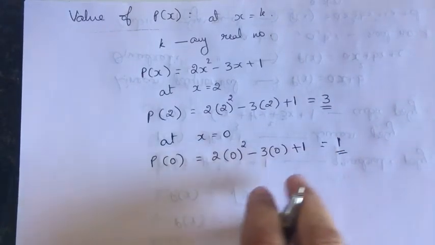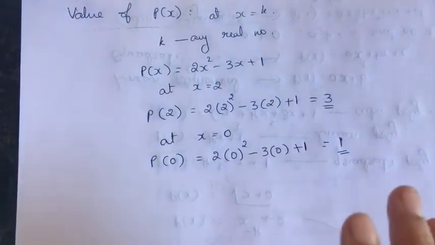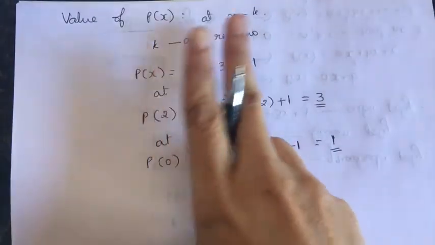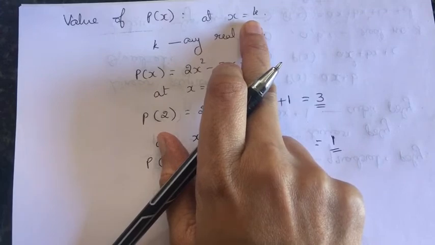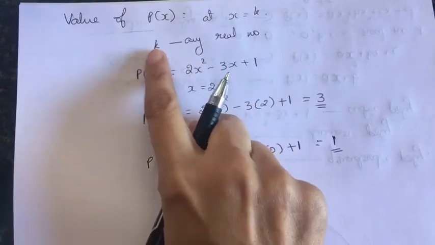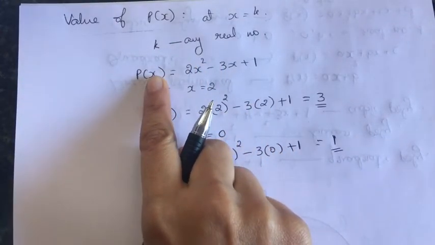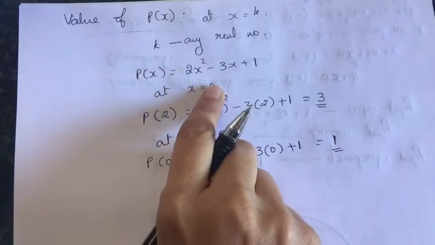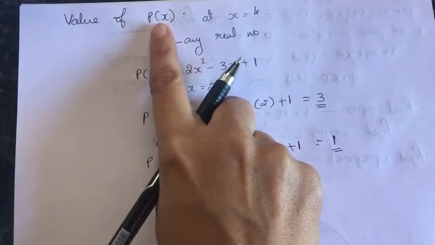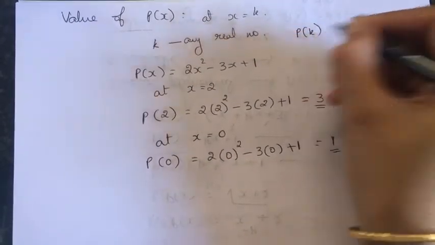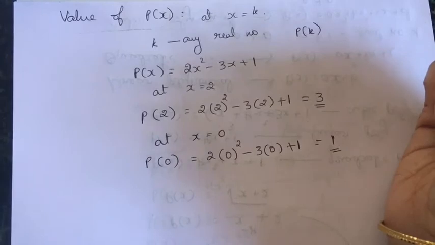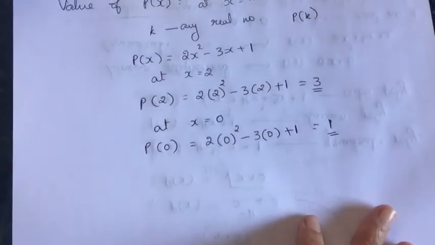If P of x is a polynomial in x and if k is any real number, then the value obtained by replacing x by k in P of x is called the value of the polynomial and is denoted by P of k. Okay, I'll give you one more example.